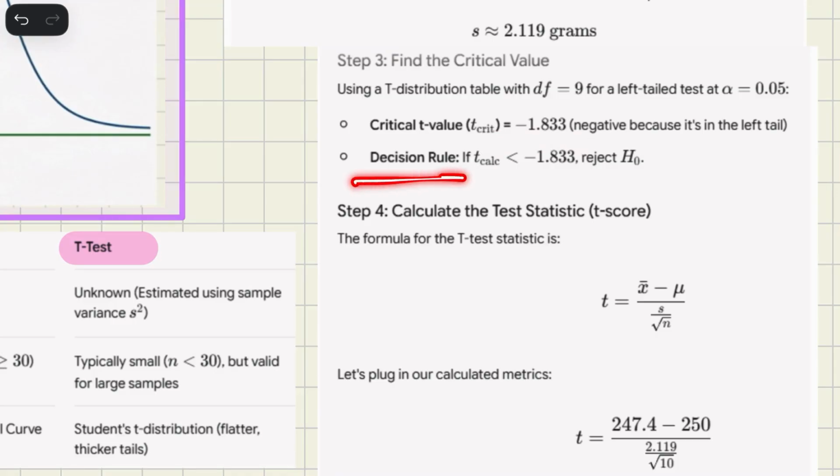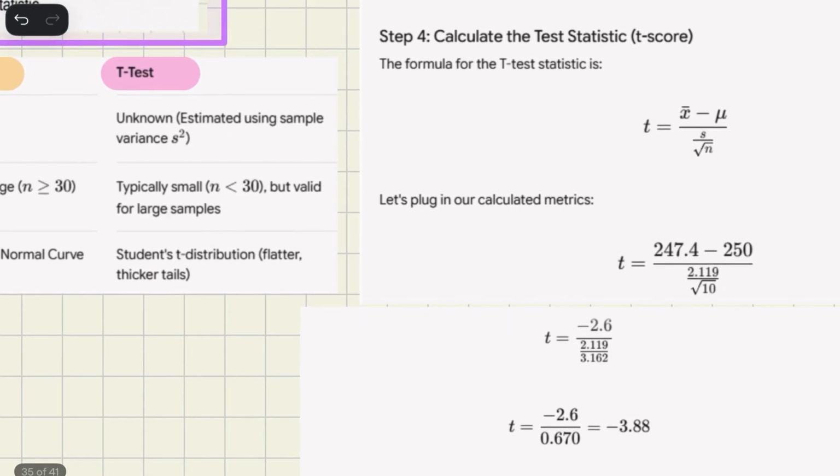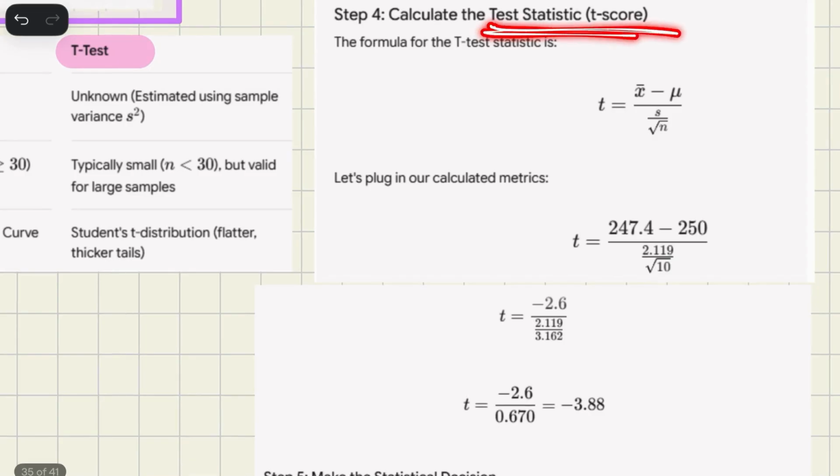The decision rule states that if the calculated t value is less than minus 1.833, then we reject the null hypothesis, meaning it sits deeper in the negative left tail. This is the formula to calculate the t test statistic.